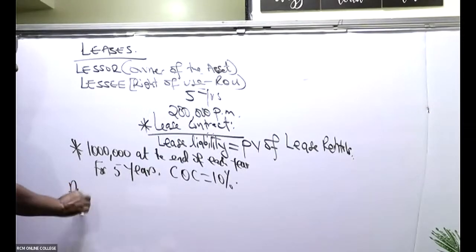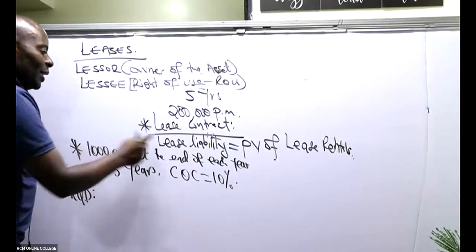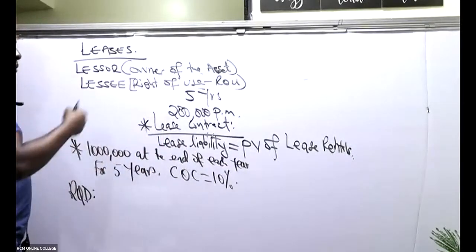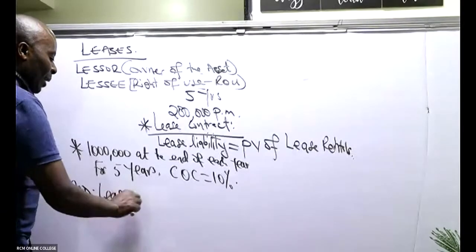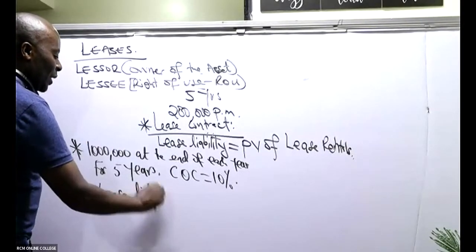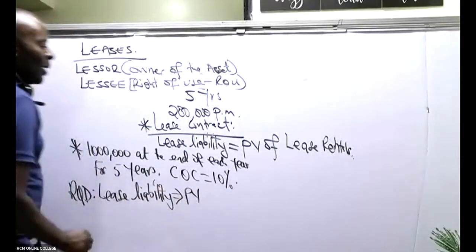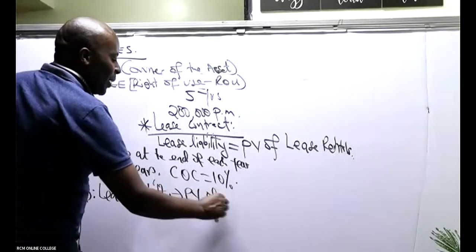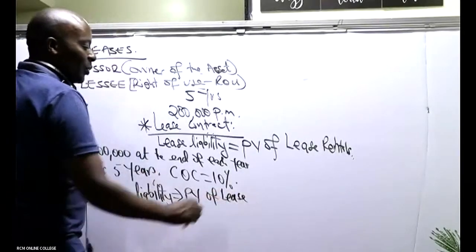And then now, ladies and gentlemen, we are required to do something very simple. We are required, first of all, to know the amount of lease liability we owe. So how do we get the lease liability? Can I give you 2 minutes? Somebody should be able to come and give me the present value of these lease rentals.